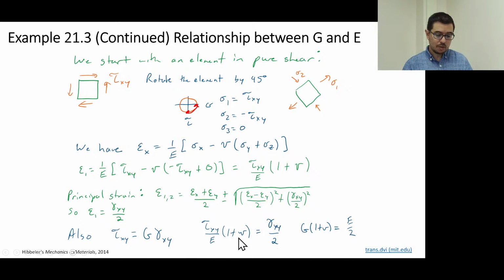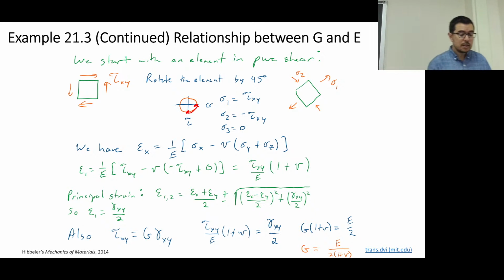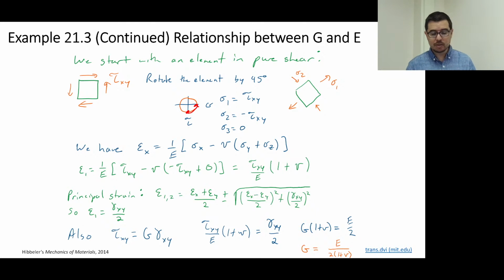So this is just going to be the E over 2, and we get G is equal to E over 2 times the quantity 1 plus nu. So this is how we can derive it. We've already been using this relationship for the shear modulus, the elastic modulus, and the Poisson ratio, and now we've done this quick derivation showing it to be true.